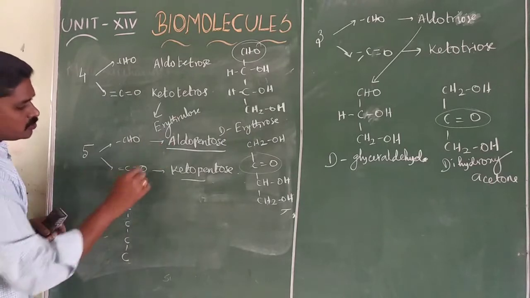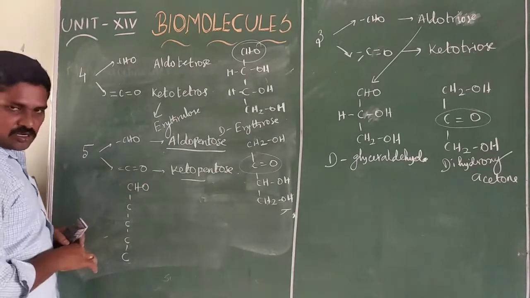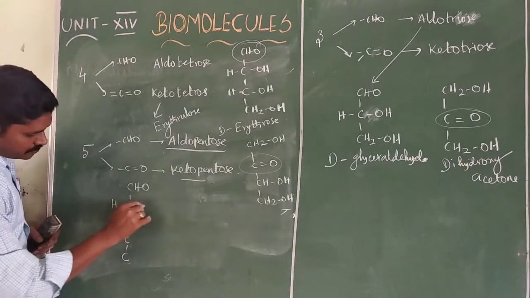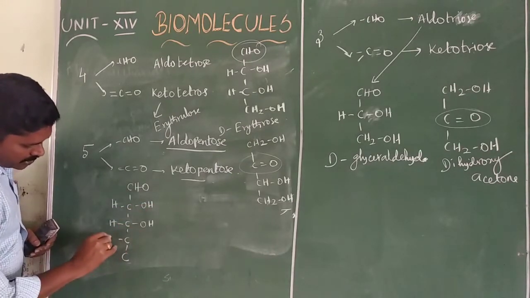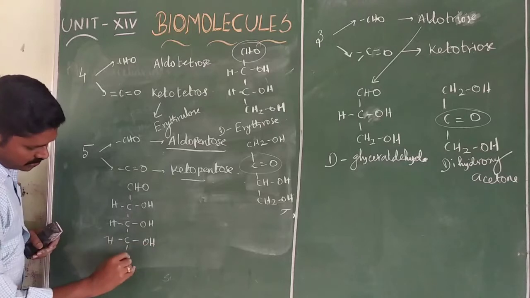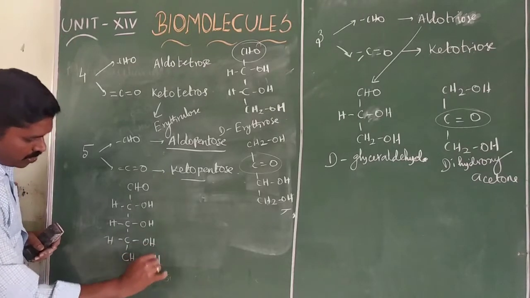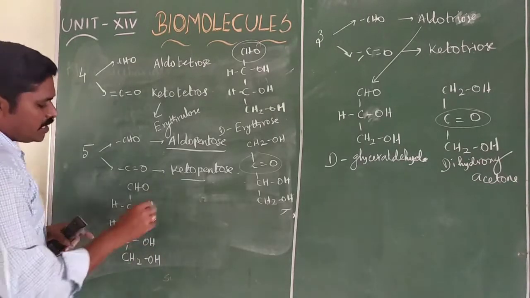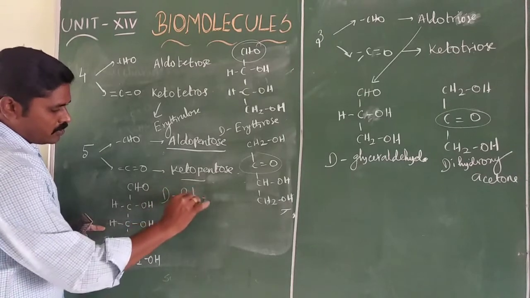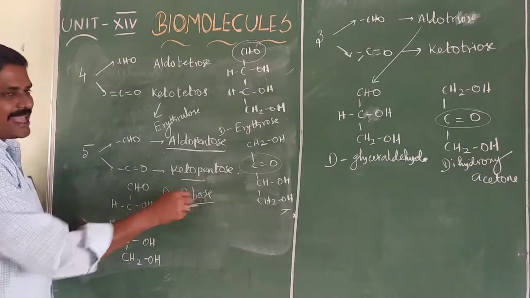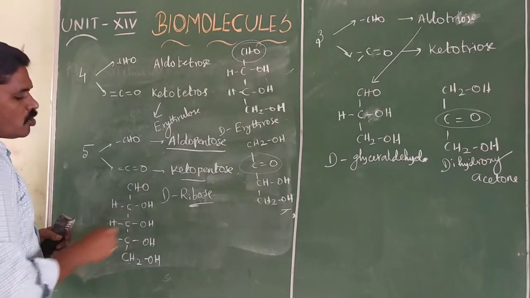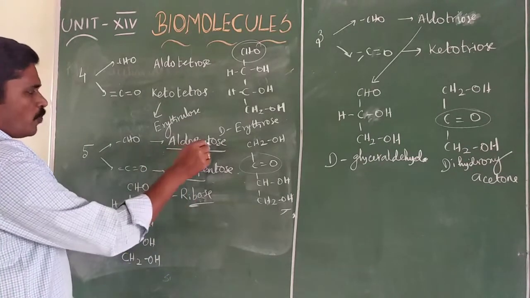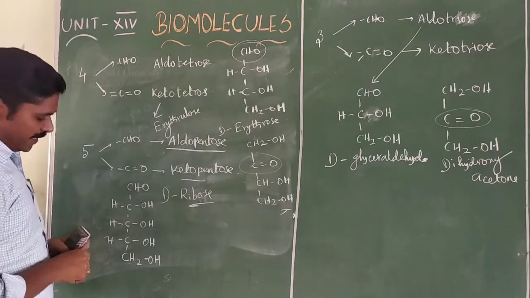First, the aldehyde is the functional group, then H, OH, H, OH, H, OH, CH2OH. This is D-ribose. So D-ribose is an aldopentose type of monosaccharide.